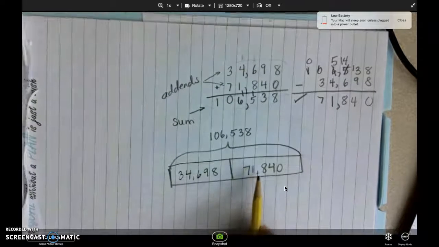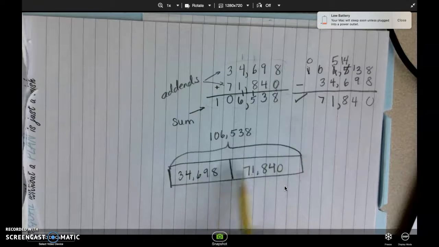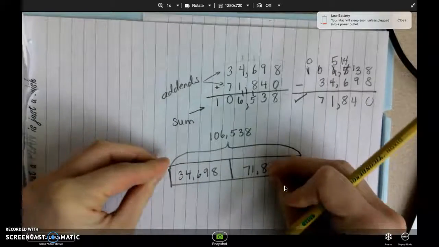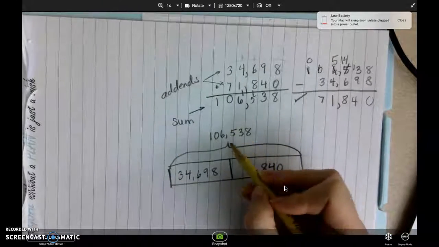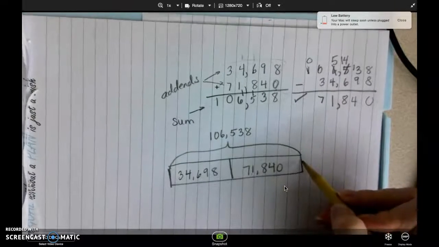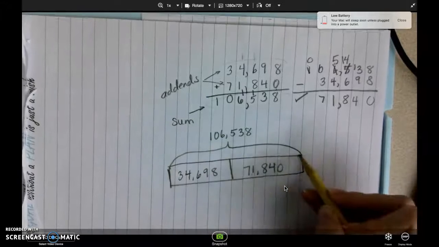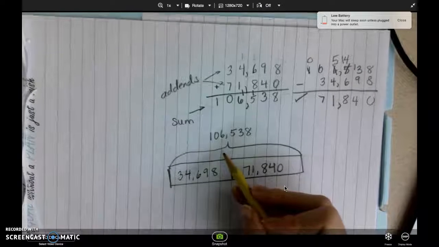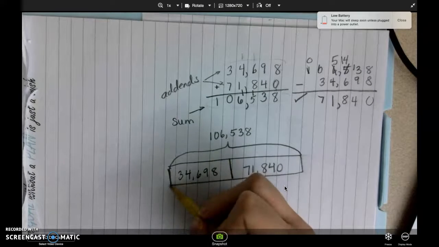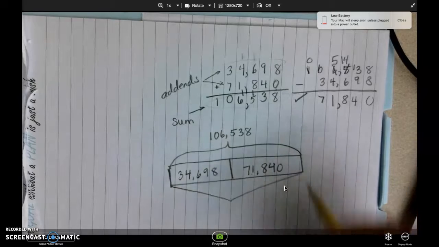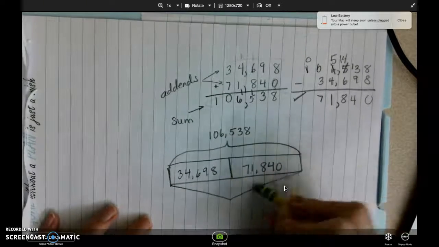This tape diagram would display how I have 2 parts being added together into that whole tape diagram. My bracket here shows my whole. See how it starts at the beginning all the way to the end. If you have a hard time creating brackets, you can always do a little triangle like that.